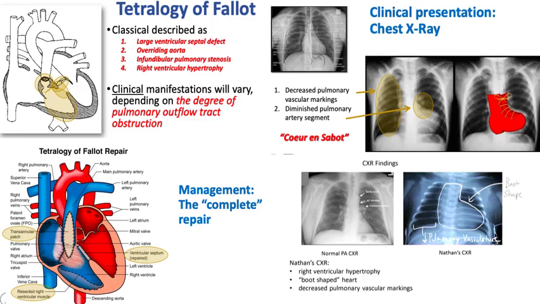Boot-shaped heart it is called. So it is Coeur en sabot is the name that is given to this. So this is the finding that can be seen in the tetralogy of Fallot.